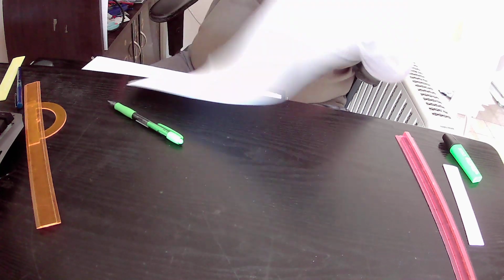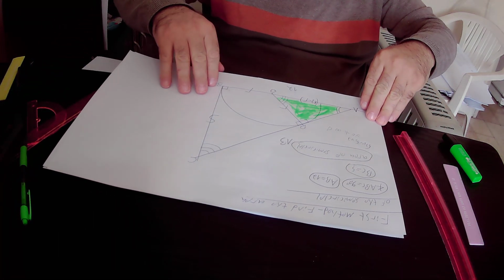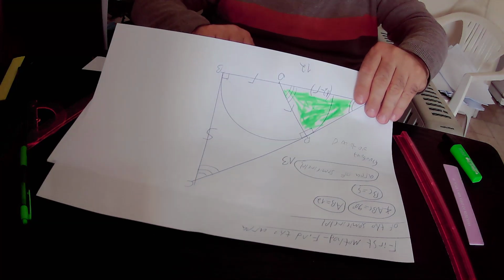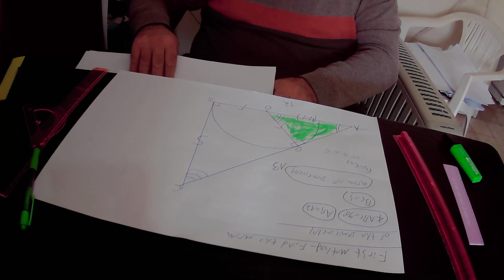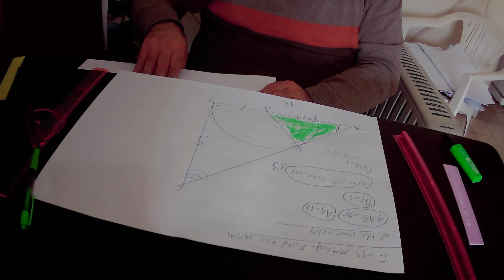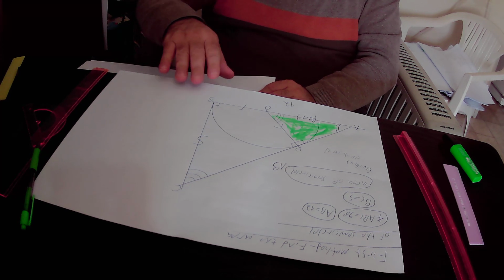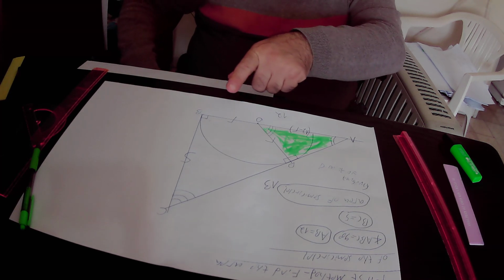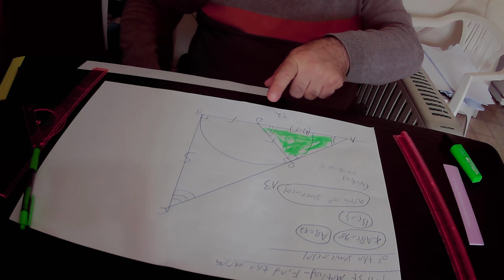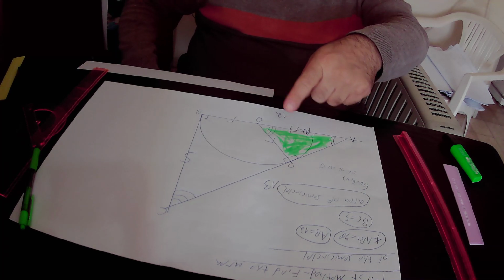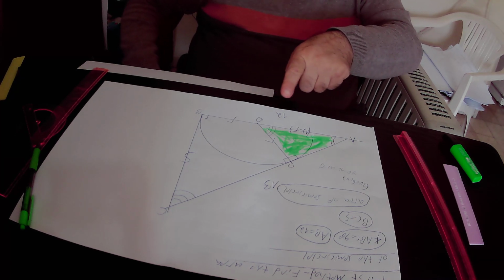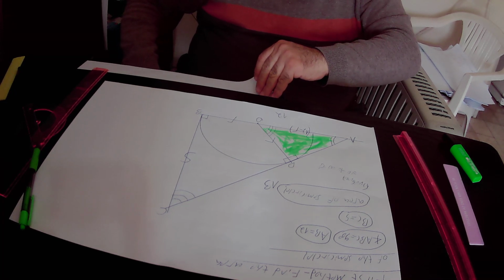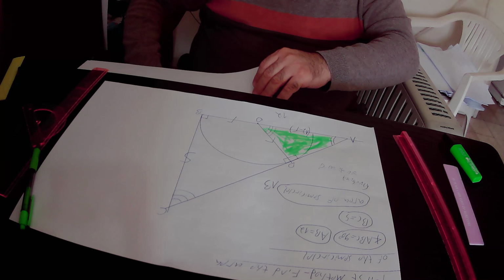In the first method, I presented to you, first of all, we know that OB is the radius of the circle, because O is the center, OD is also the radius, and if OB is R and AB is 12, then AO will be equal to AB minus OB.